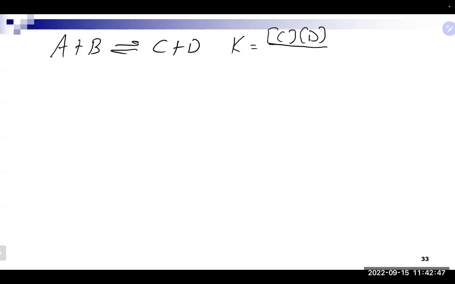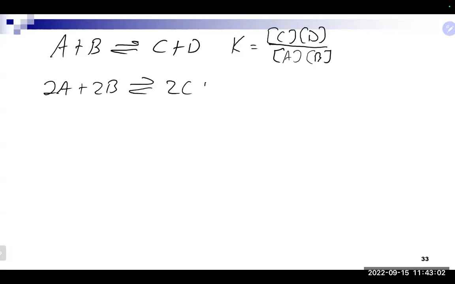So for example, if we had our generic A plus B goes to C plus D, and I write my equilibrium expression here, which would be C times D divided by A times B. But I decide that I don't really need 1 A, but I need maybe 2 A's. So I would multiply that entire equation by 2.